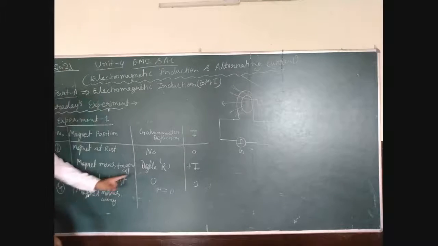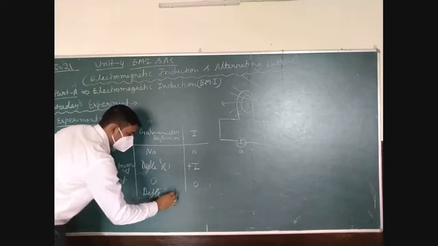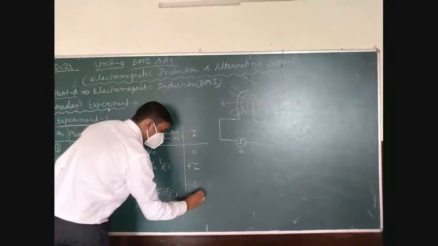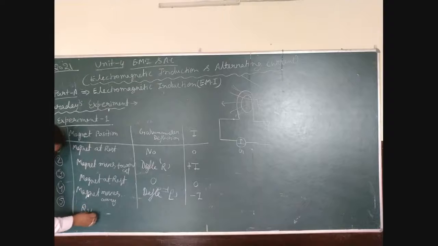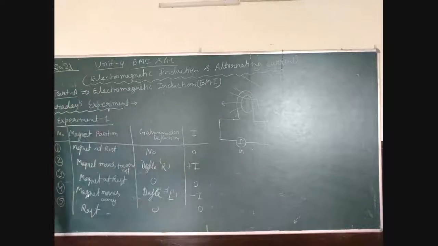We observe deflection towards left. That means the current in the galvanometer is negative. And lastly, the fifth point is again the magnet at rest. It is observed no current, no deflection. Okay.